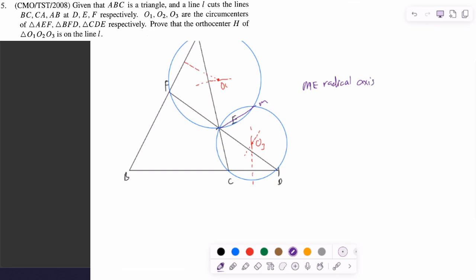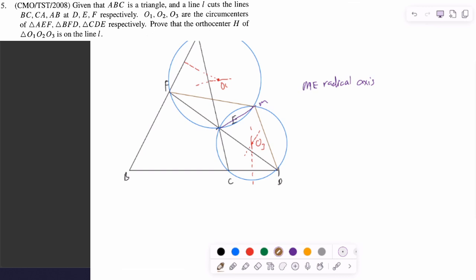Still need one problem more to be solved. Okay. Let's just draw some arbitrary lines: MD, MF, ME.